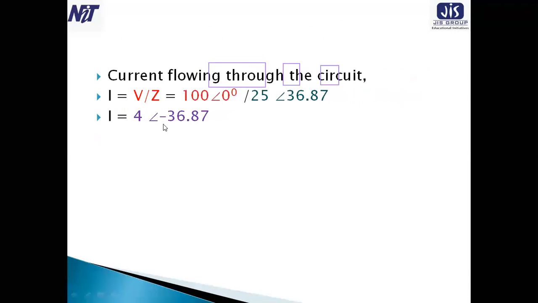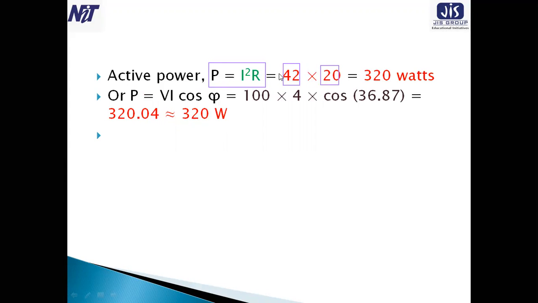What is the value of I? 4 angle minus 36.87. So if we square this, we get 4 squared, and the R value is given in the circuit, that is 20. So after multiplying, we finally find the value 320 watts.